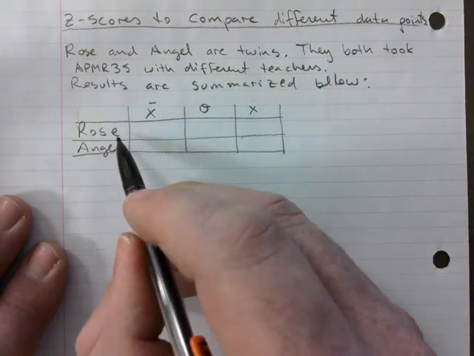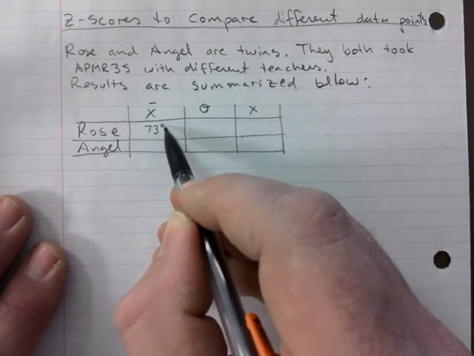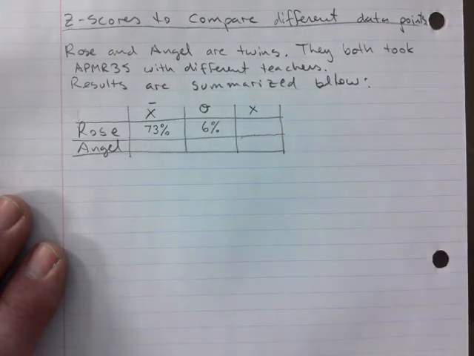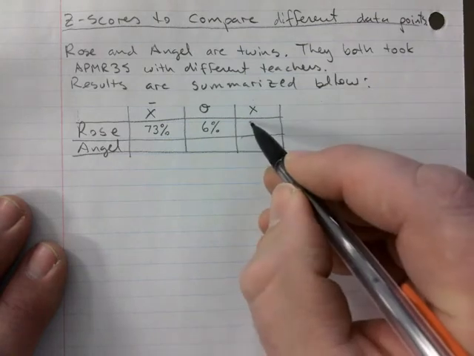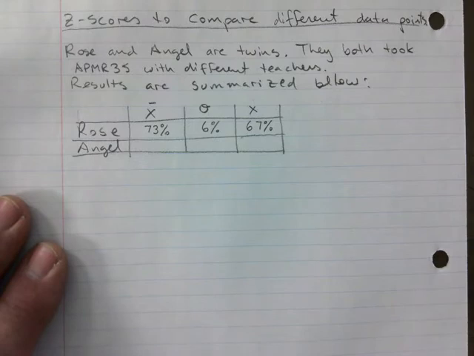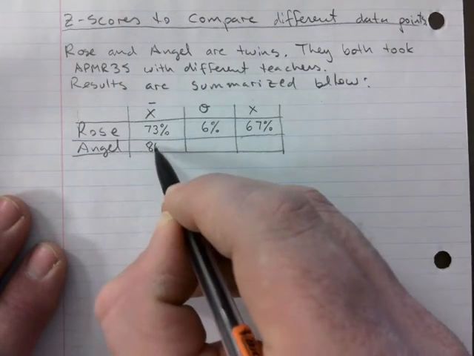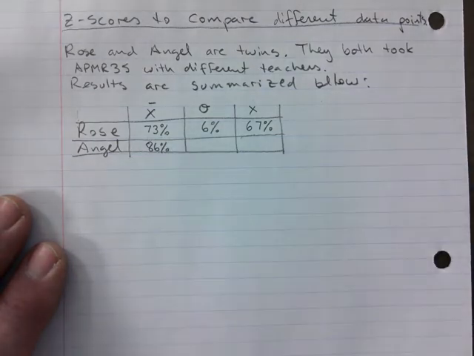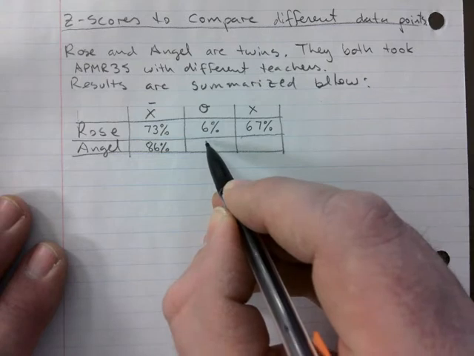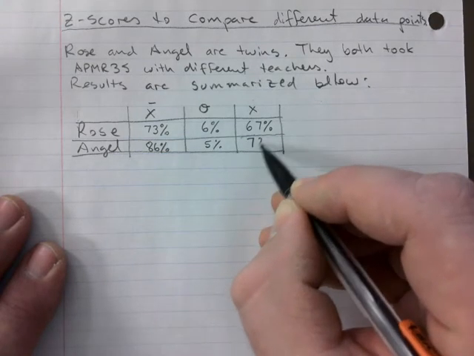Okay, so Rose, in her class, the average was 73. The standard deviation of that class was 6%. And Rose scored 67 overall. Okay. Angel, the average of that class was 86%. And the standard deviation was 5. Her actual score was 78%.